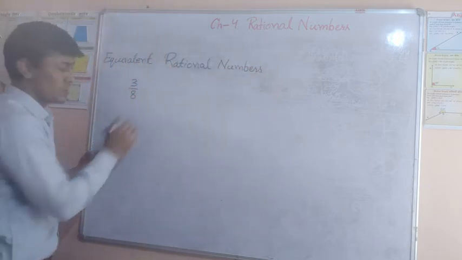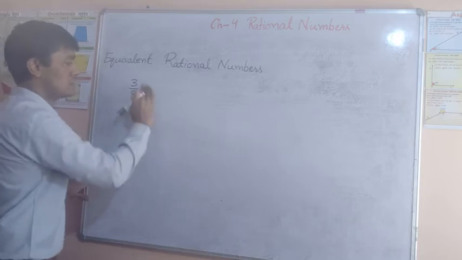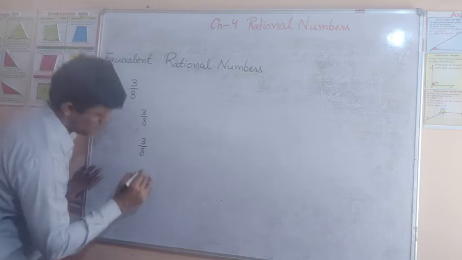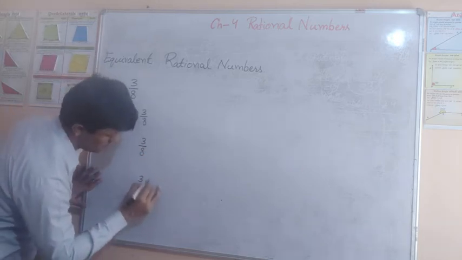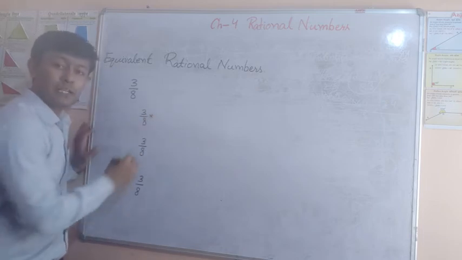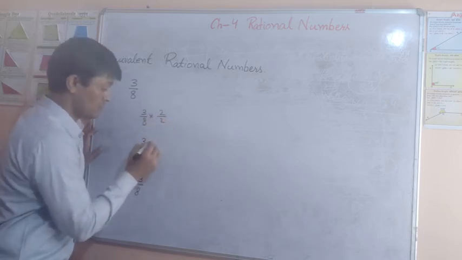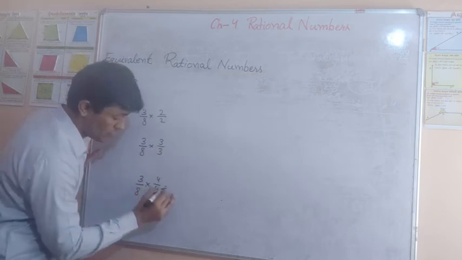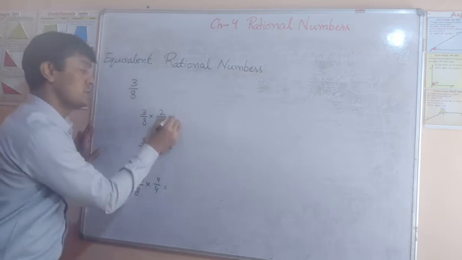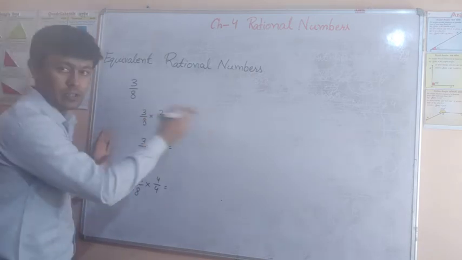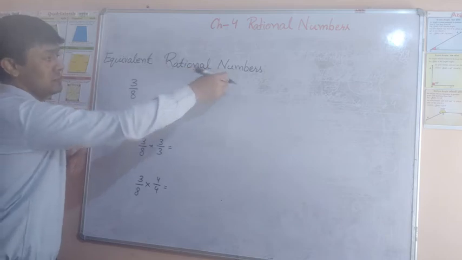Three upon 8. So first of all, this is the question. 3 upon 8. You have to multiply it by 2 upon 2. Here 3 upon 3. Here 4 upon 4, and so on. You have to multiply and divide with the same method, right? So in this way, you will get the equivalent rational numbers.